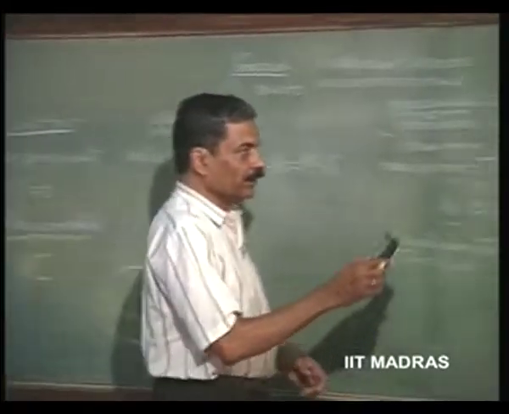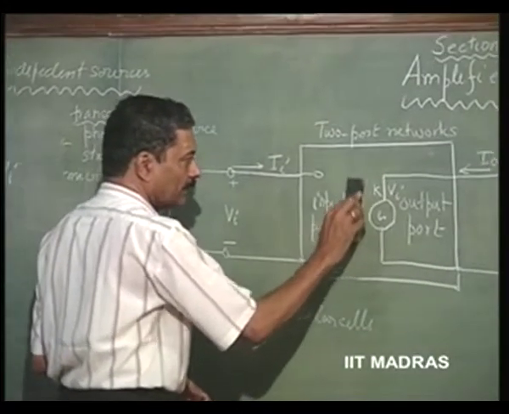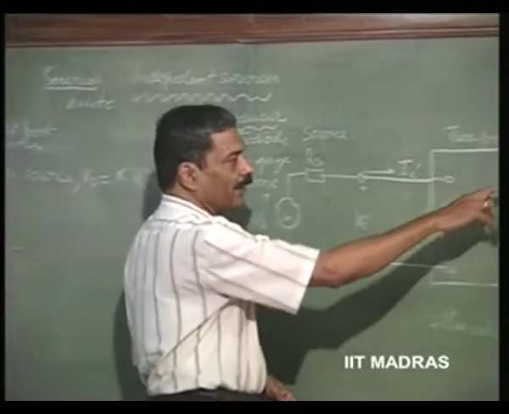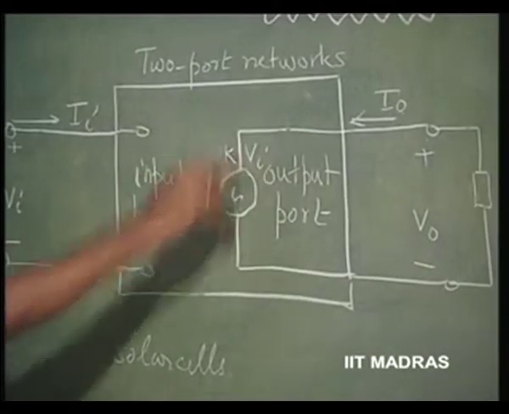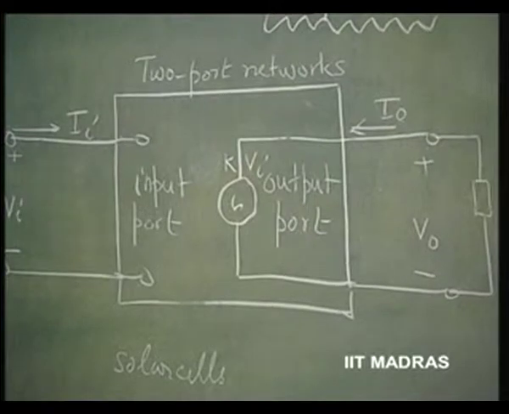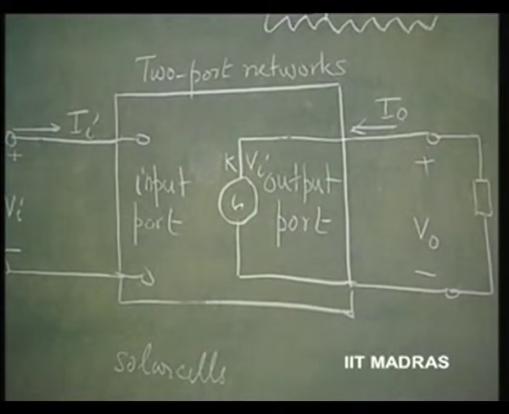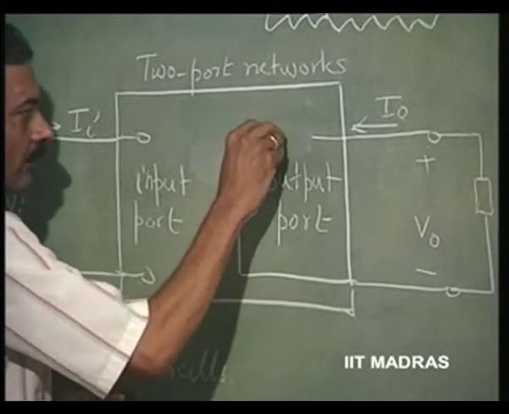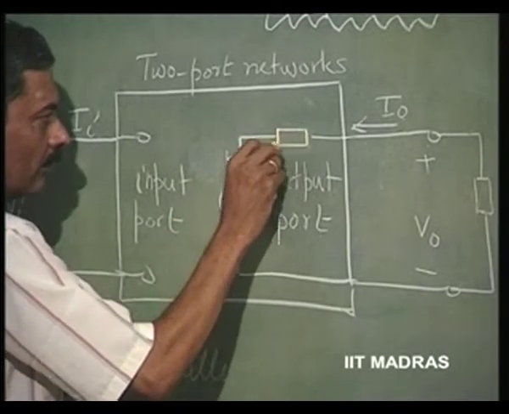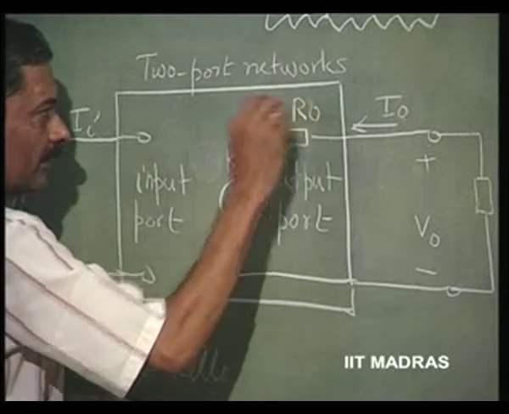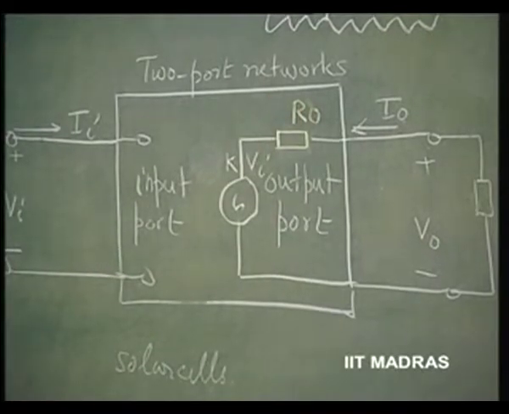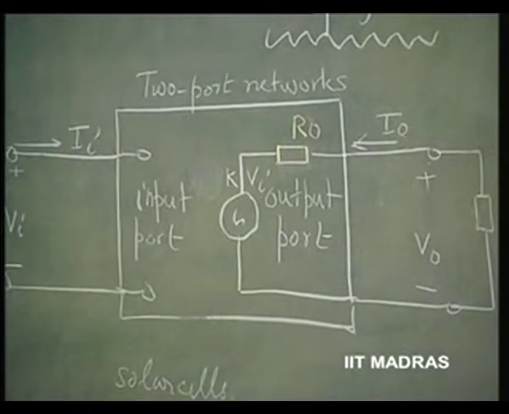If I have this as non-ideal, obviously, then I might have an output resistance, which is non-zero. At the output it becomes non-ideal. Then I might have non-infinite input impedance.